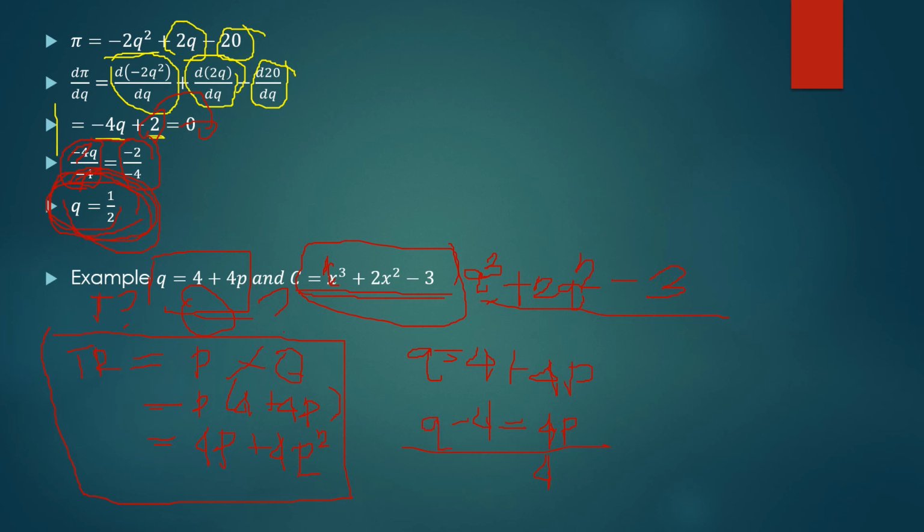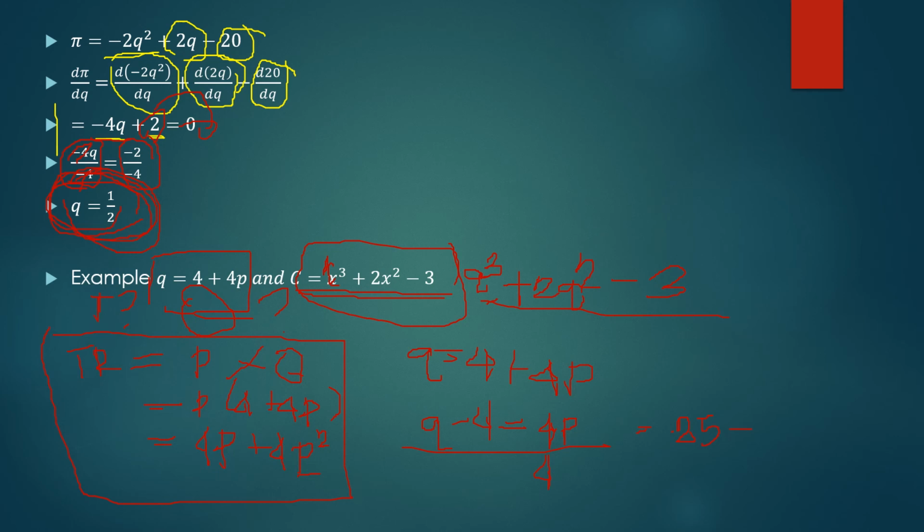So, this Q here has 1. So, 1 divided by 4, it will become 0.25. Right? 0.25. So, in that case, we have negative 4 divided by 4 is negative 1.